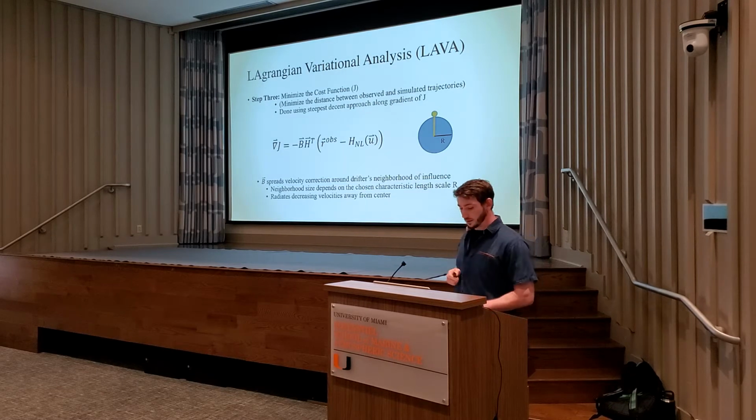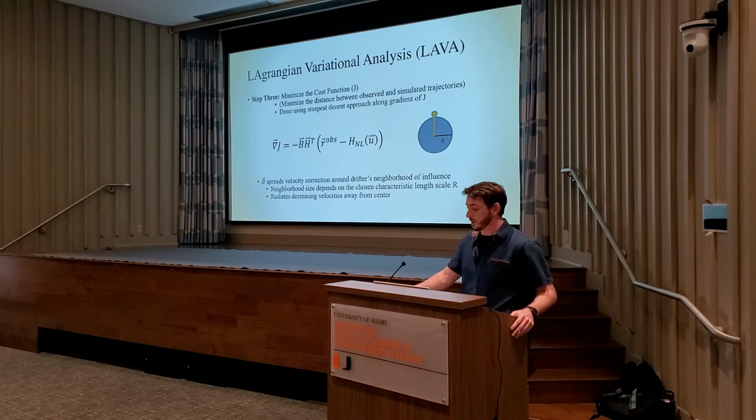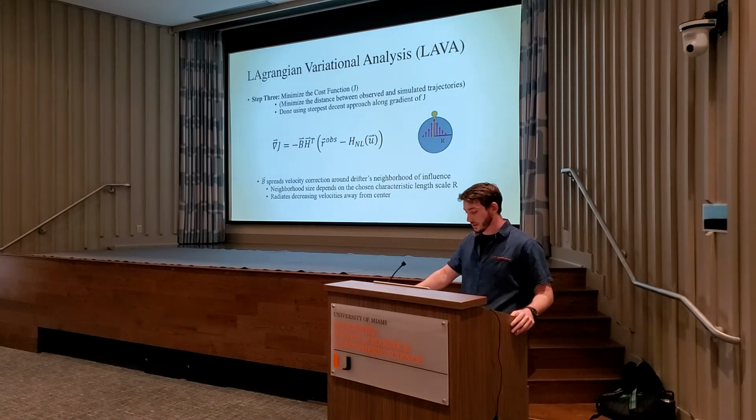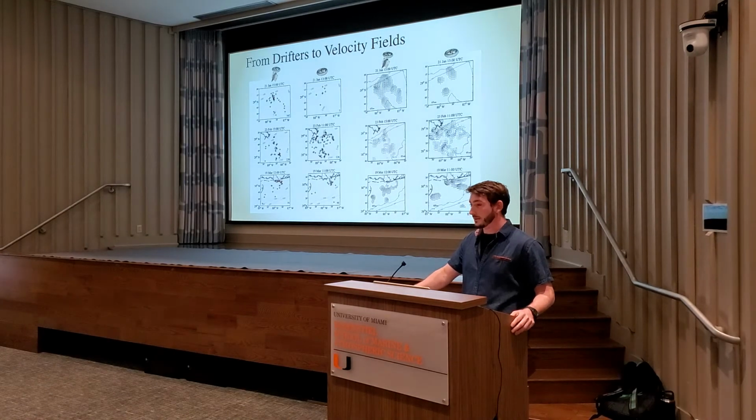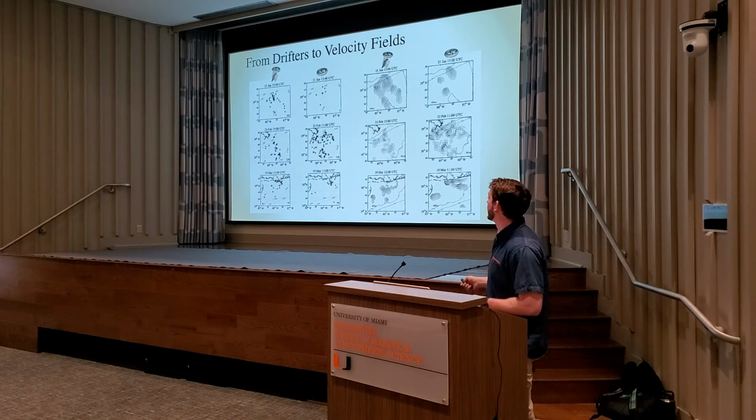And then it radiates decreasing velocities away from the center. So it looks like that if you hit one drifter. But we have quite a few. So these are each high wind event here, 1, 2, and 3, and then we have drogued drifter, undrogued drifter locations on this side, and the corresponding velocity fields that we make over 1 hour of drifter positions using LAVA.